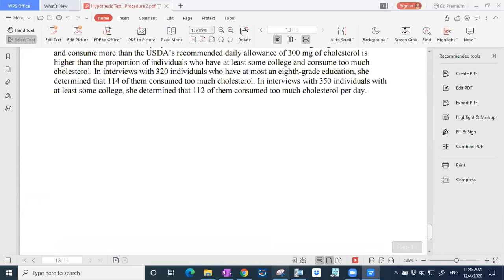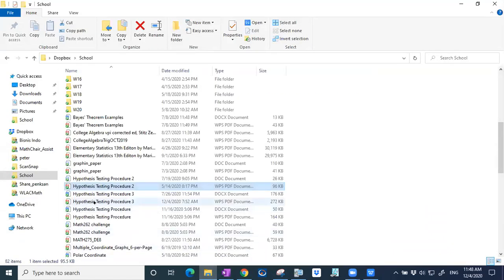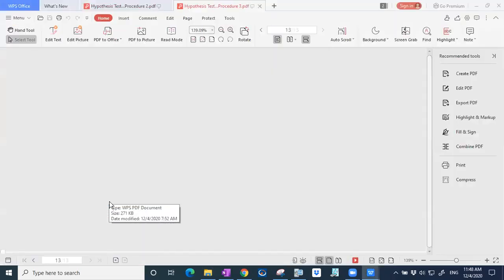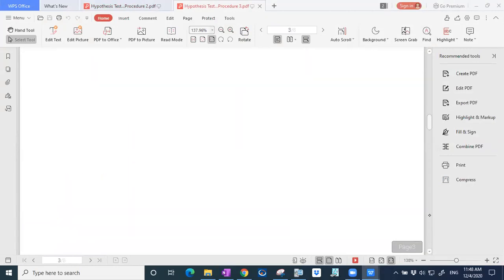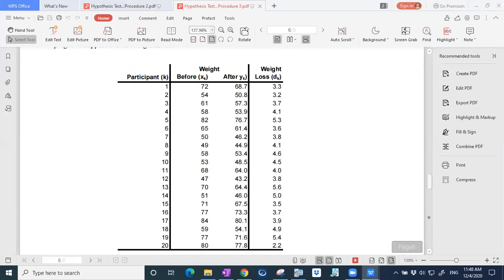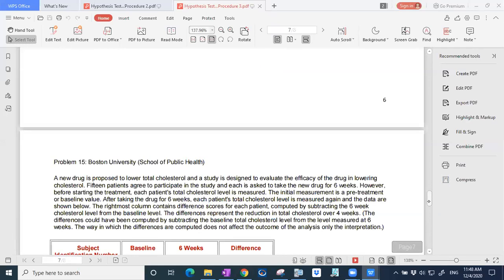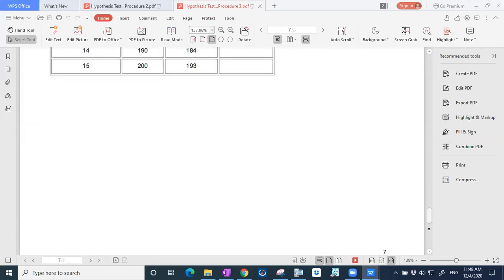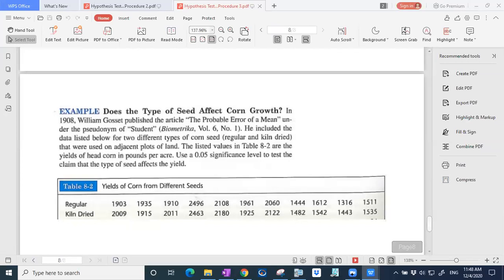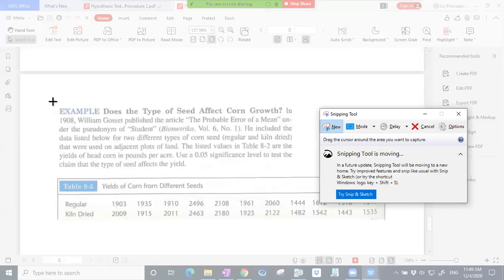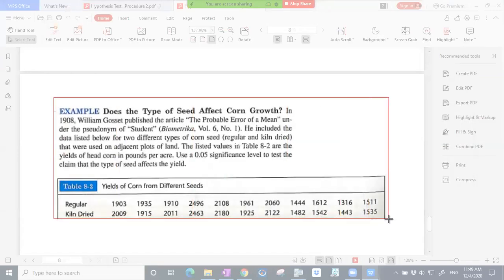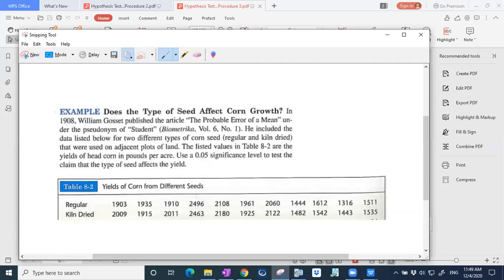But you need to see that from my handout, hypothesis testing procedure 3. Let me find the question that is appropriate. Let me use this one, not too hard one. I think this is the last question or second from the last question from the handout 3 I gave you.